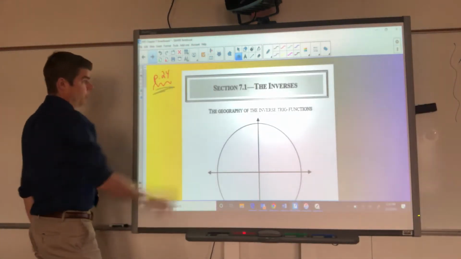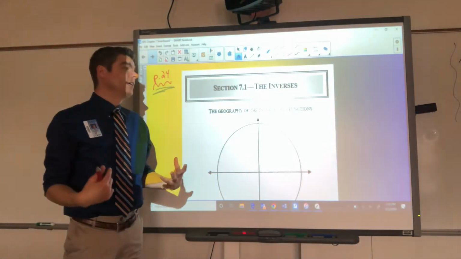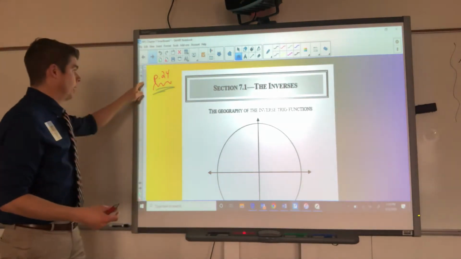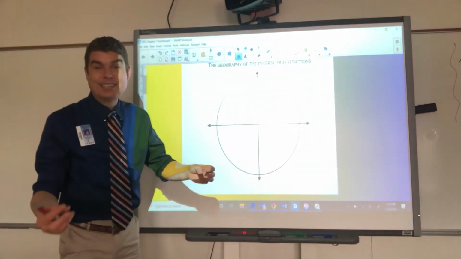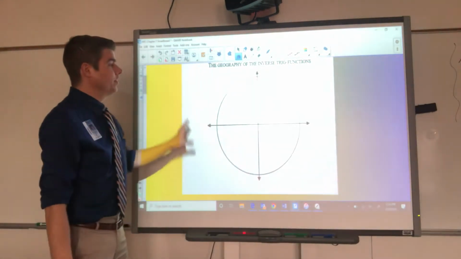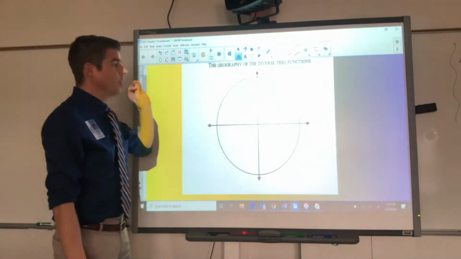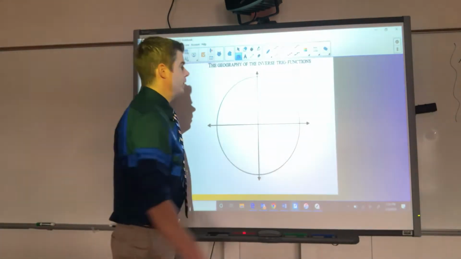Page 24 of your workbook is what I like to call the geography. Where should we put these angles? These are how the functions are defined. So it's not just Mr. Brown, it's not just Mobile 5 math. This is how they are defined. There are 4 quadrants, and the positive angles will always exist in quadrant 1.